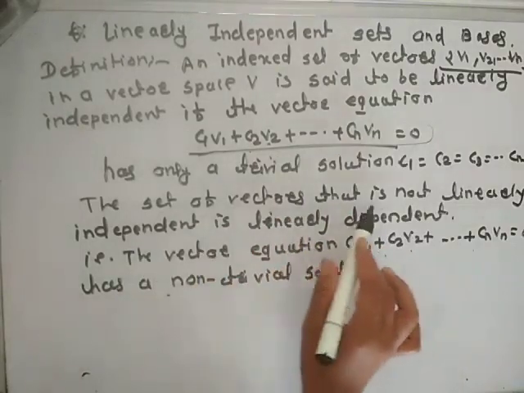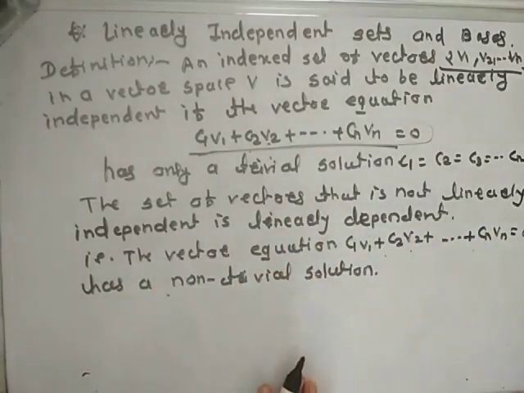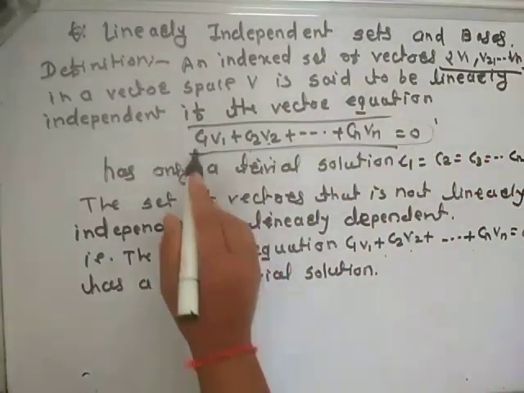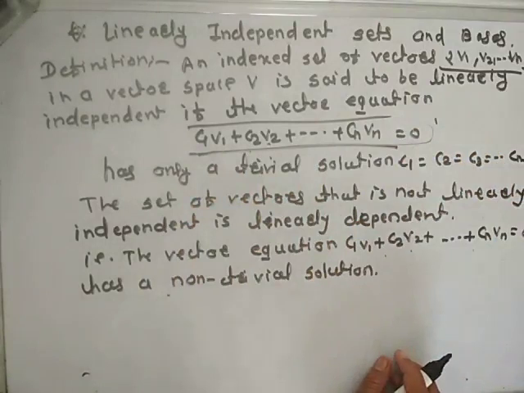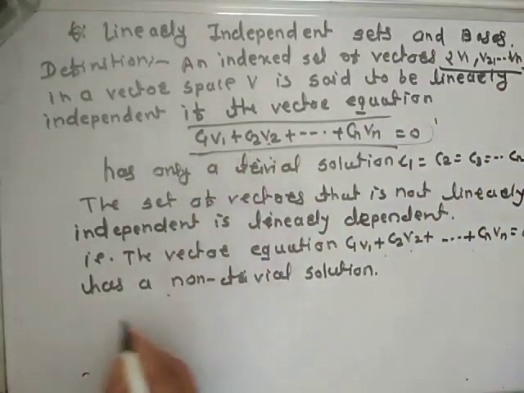If the set of vectors is not linearly independent, then it is linearly dependent, meaning the vector equation has a non-trivial solution, c1, c2 not all 0, and then we say that this set of vectors is linearly dependent.